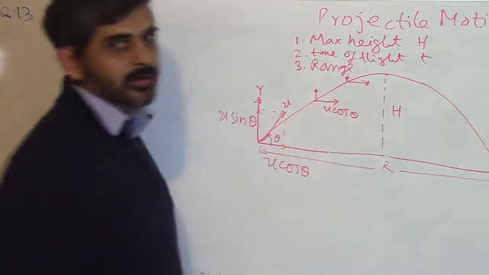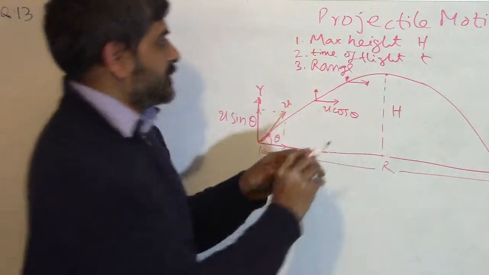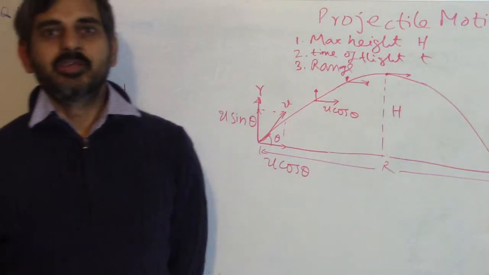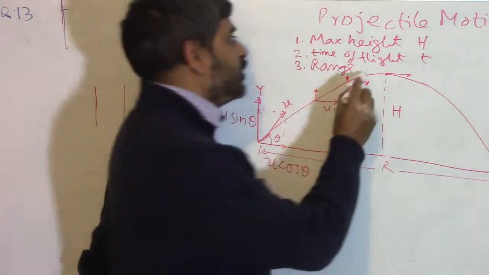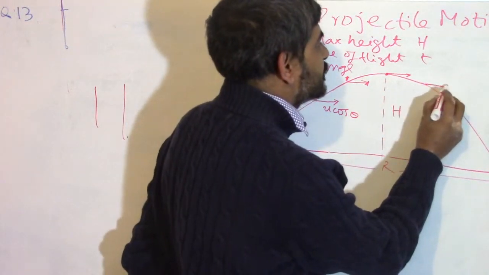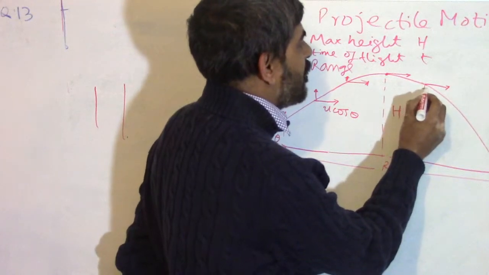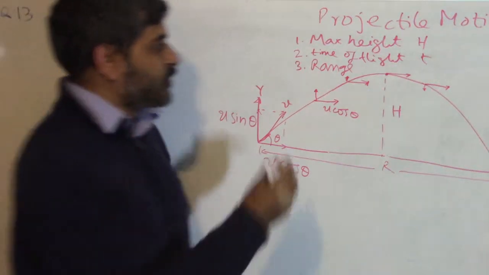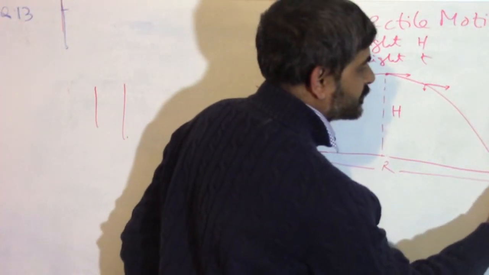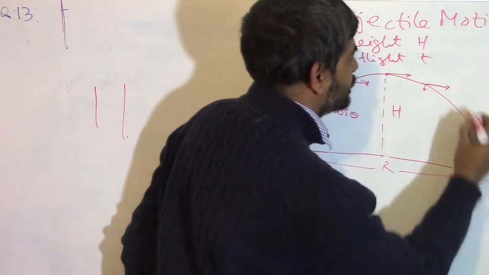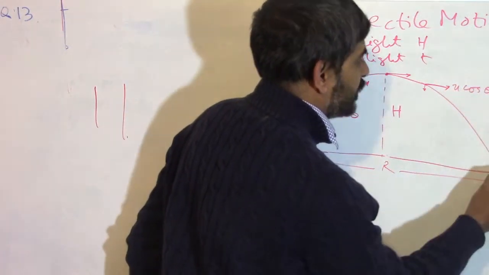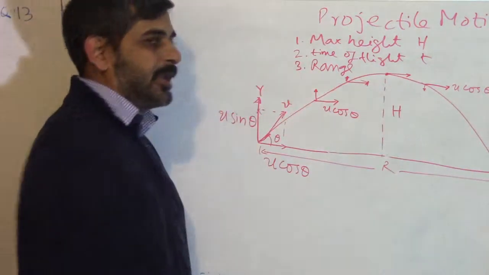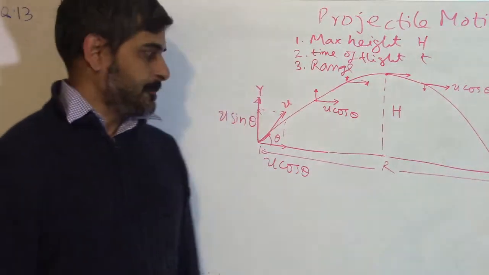At this point, the horizontal velocity is still u cos theta, but the vertical velocity is 0. When it goes down, the horizontal velocity is still the same. The vertical velocity now acquires a downward direction because of gravity, and so on. And finally it reaches the x-axis. The horizontal velocity is still u cos theta, and the vertical velocity has some value. We'll find that out. So that is what is happening in this whole projectile motion.